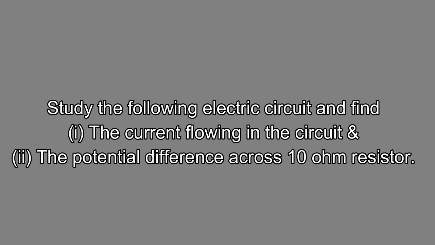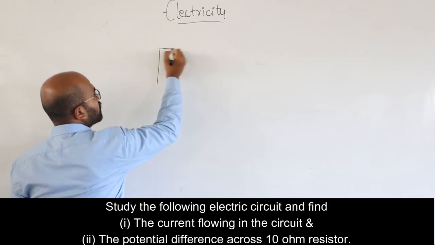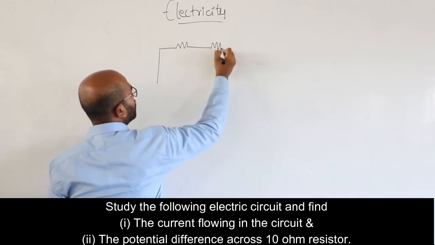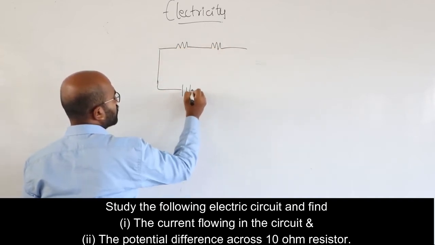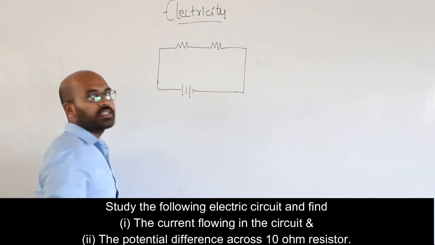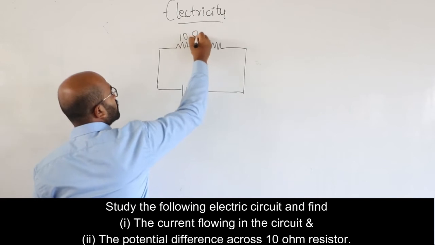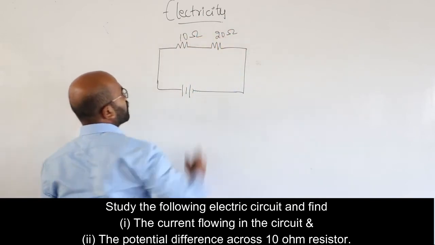So the first question is, study the following circuits, find the current flowing in the circuit and find the potential difference across the 10 ohm resistor. So the circuit that they have given is, this is the circuit where this is 10 ohm and 20 ohm.